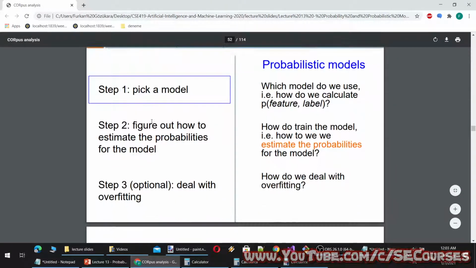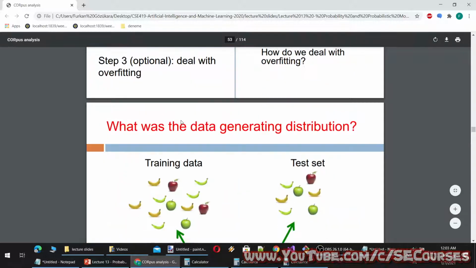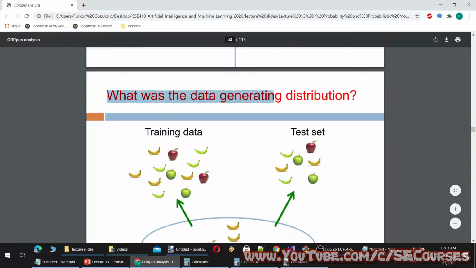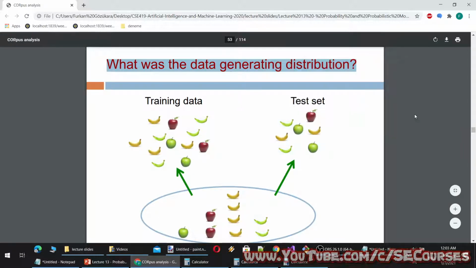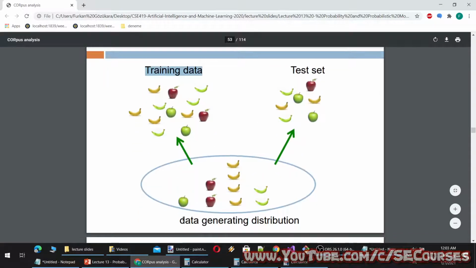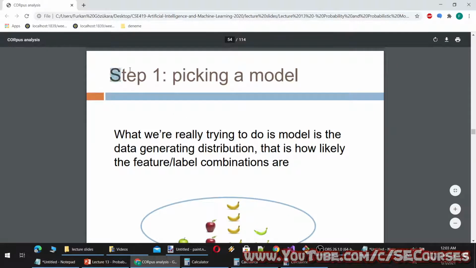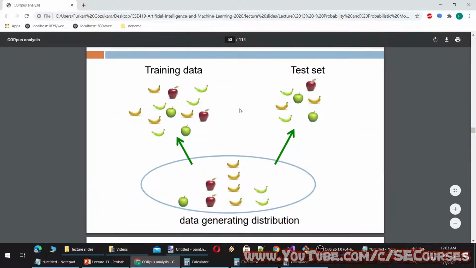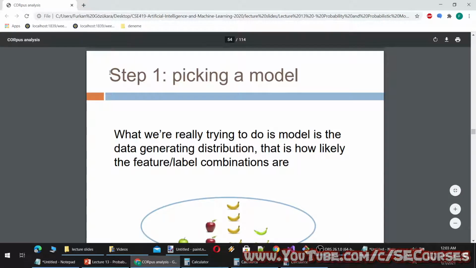Okay, in step 1, before starting with the model, what was the data generating distribution? We have training data and test data from our data generating distribution. This was a reminder of how it was.